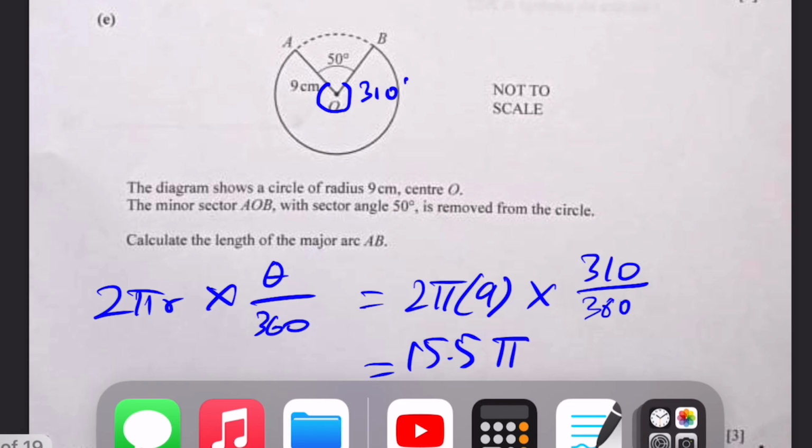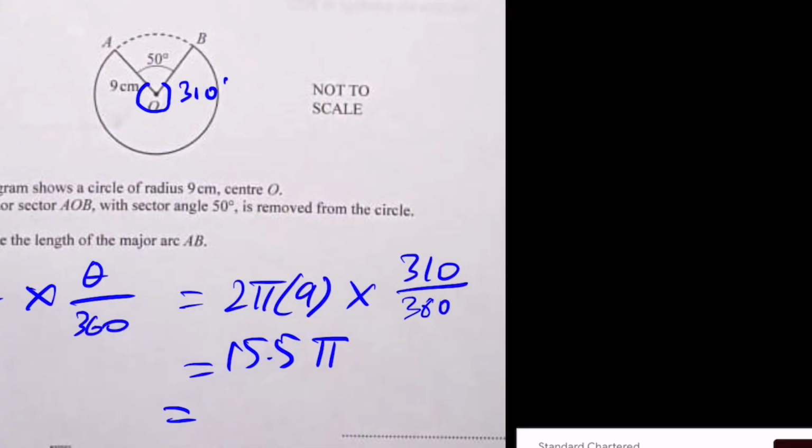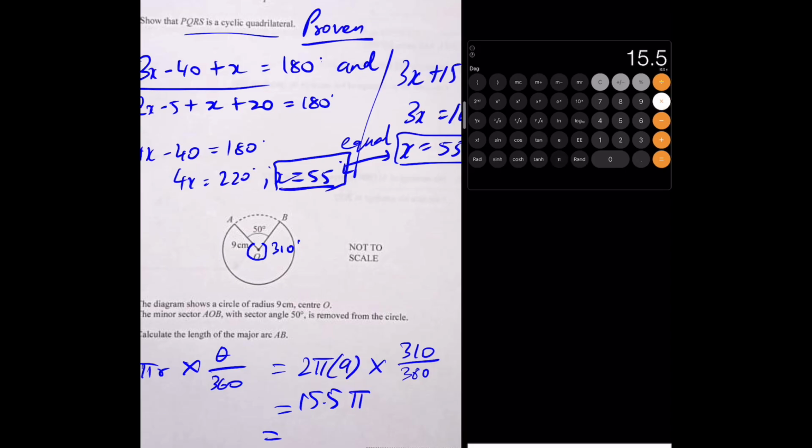Here we go. 15.5 multiplied by pi is equal to 48.7 centimeters. Why do we keep it as 48.7? Because we need non-exact values to be in 3 significant figures unless stated otherwise in the question.